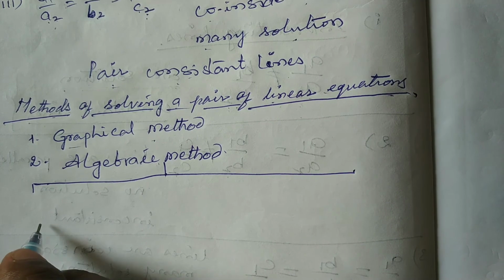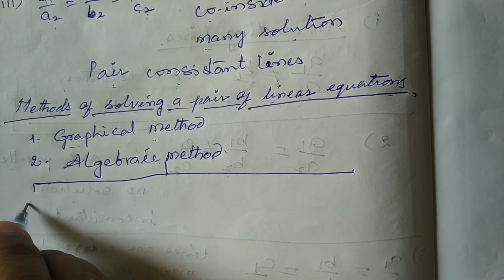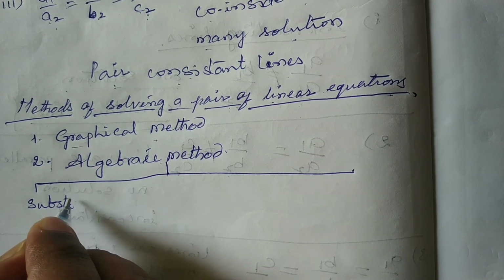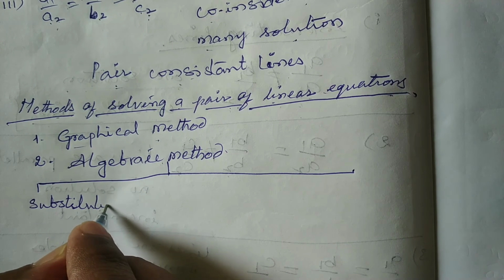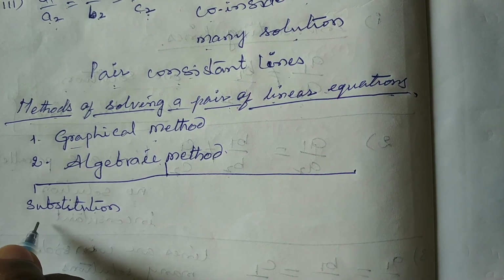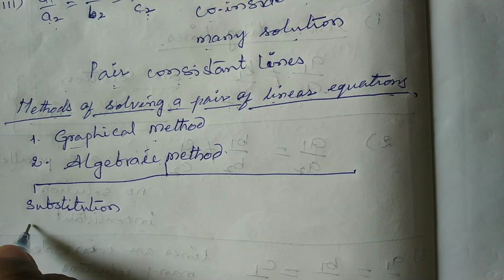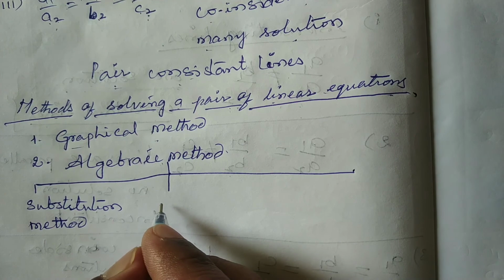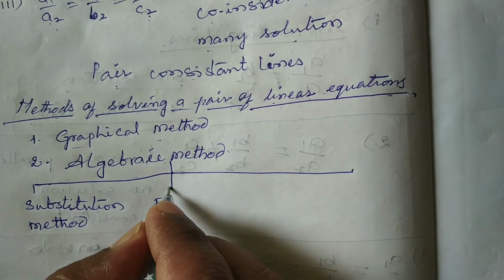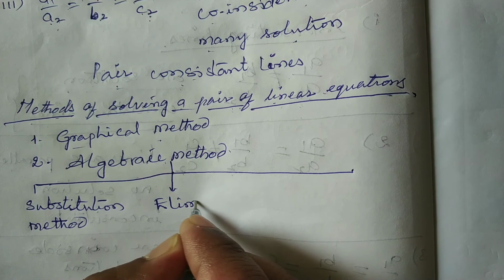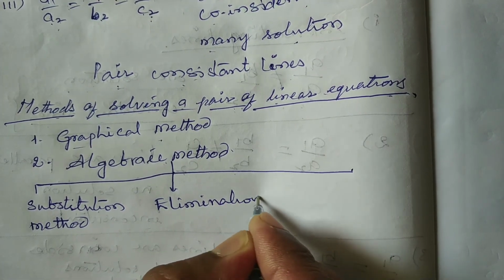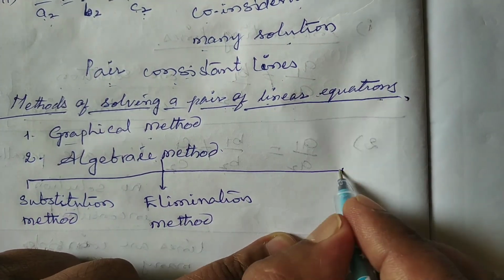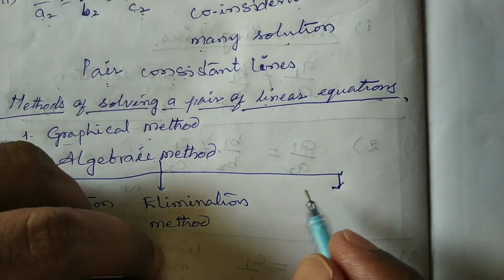One is the substitution method. The second one is the elimination method. The third one is the cross multiplication method.